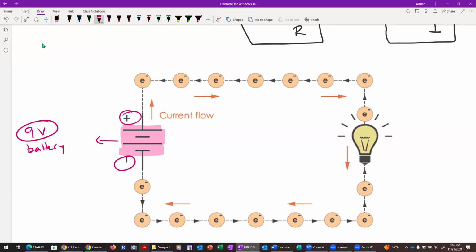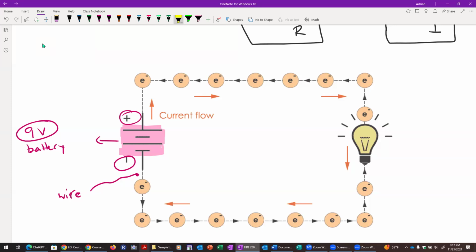If we connect those two ends with a conducting material, like this wire here, this potential difference will force electrons to move in a particular direction. Electrons move according to the electrostatic force.